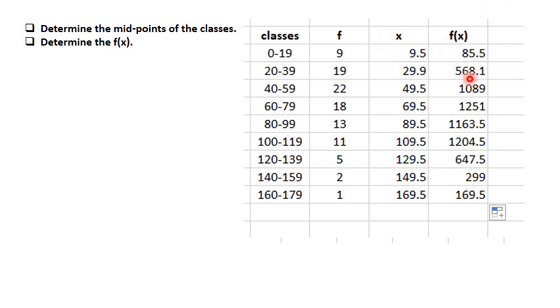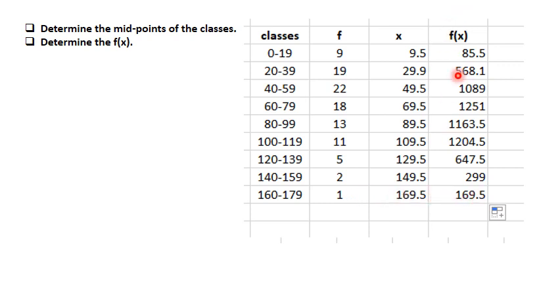The 568.1 is actually 19 times 29.9, and all these values are developed by multiplying the f's times the corresponding x values. For example, in the class 160 to 179, we only had f as 1 unit, and because the average is 169.5, 169.5 times 1 is 169.5, and on and on.